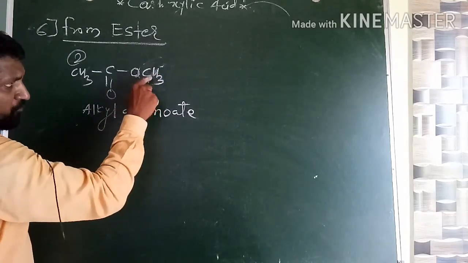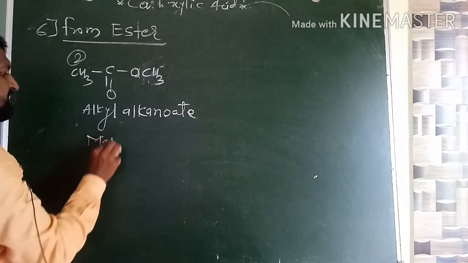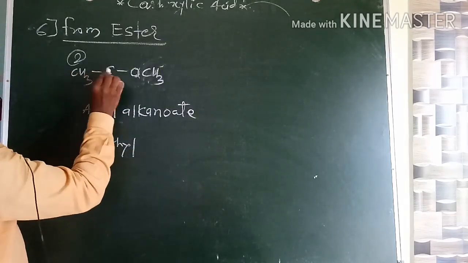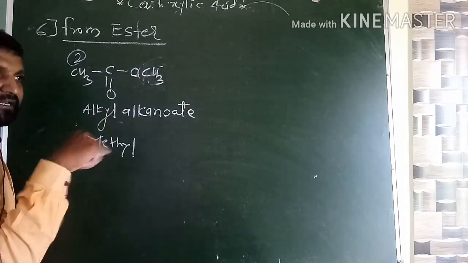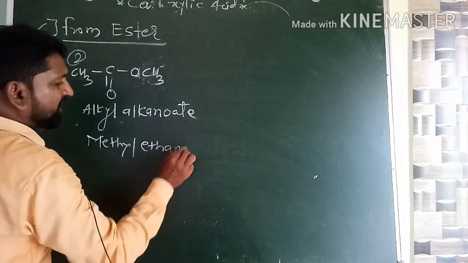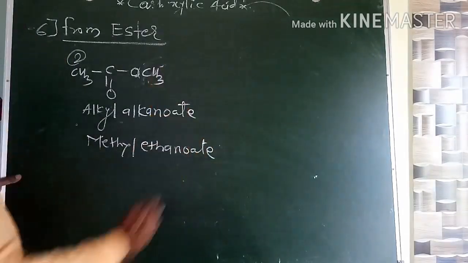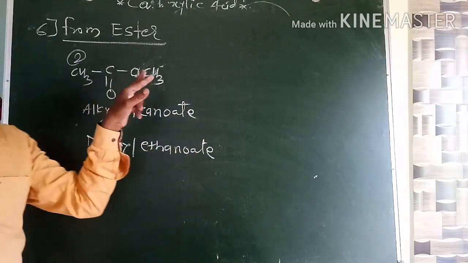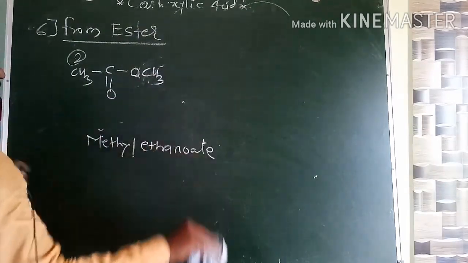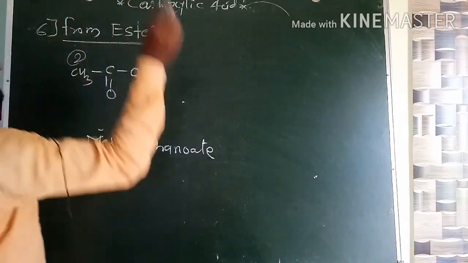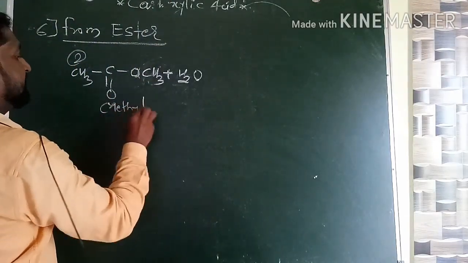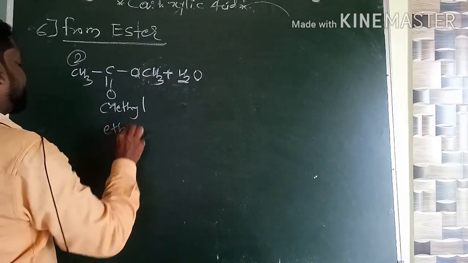For example, CH3, here CH3. What is the name of this alkyl group? Methyl. Okay. How many carbons are there? 1, 2. Alkanoate. 2. Ethane. Therefore, it is ethanoate. Okay. So this is the nomenclature. Okay. So let us convert this into the carboxylic acid. What is the name? Methyl ethanoate. What is this? Methyl ethanoate.